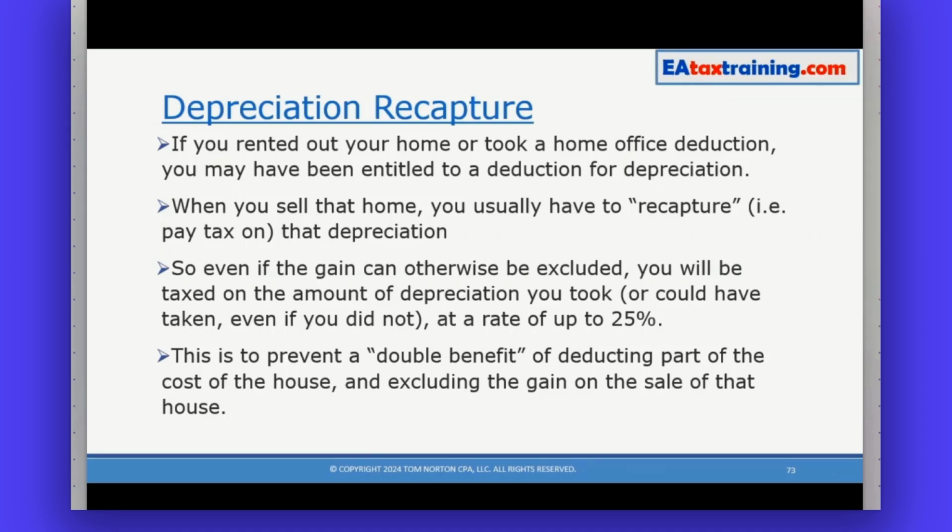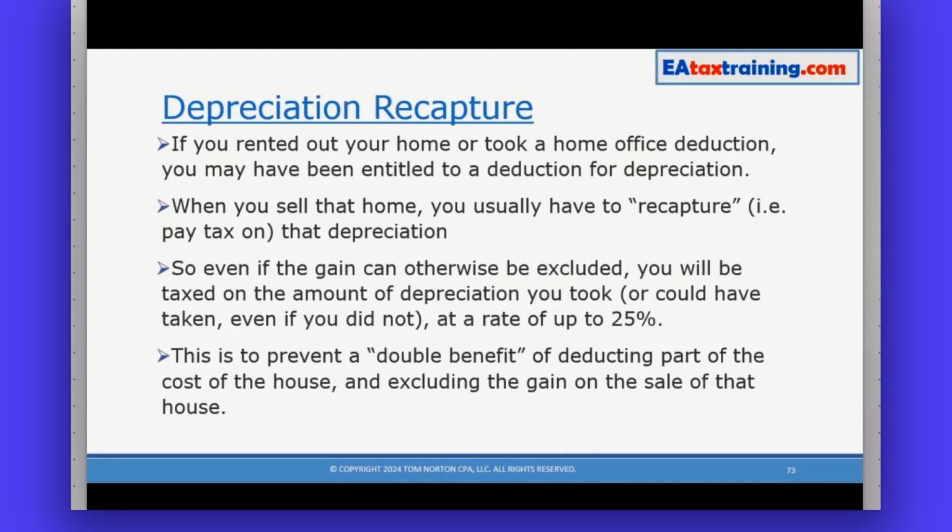So even if the gain can otherwise be excluded because you meet all the tests, you will still be taxed on the amount of depreciation that you took or that you could have taken even if you did not take it. And the tax that you will pay on that depreciation is ordinary tax up to a maximum of 25%.